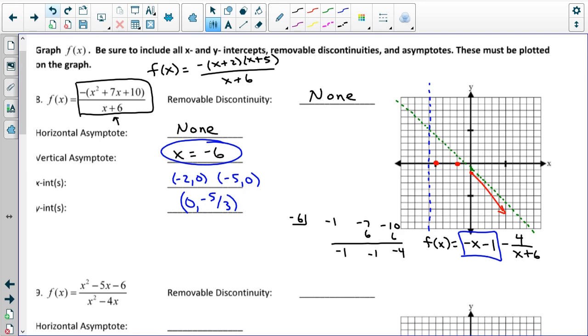And so as I continue to graph this, it crosses these 2 points, then goes down forever. Since this x plus 6 has a 1 first power, it's not a bouncer, so it doesn't go to the same side. So it's going to end up going to different sides.